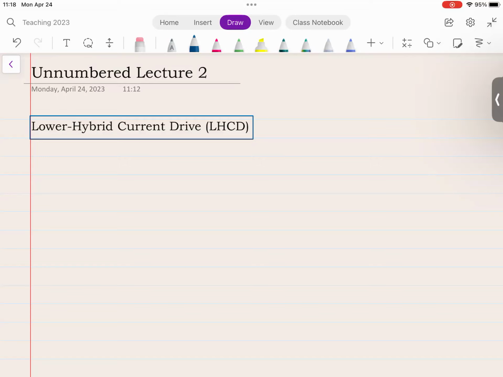This is the main candidate for driving current into tokamak reactors if a current drive system is needed, which may or may not be the case, but that's not something I'll get into here. So we're going to briefly touch on some of the theory of LHCD.